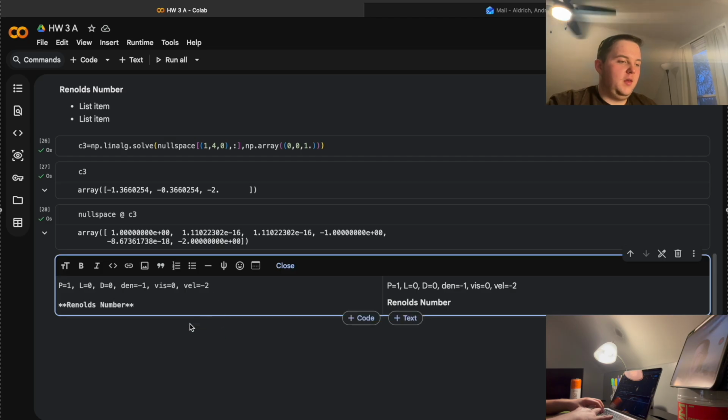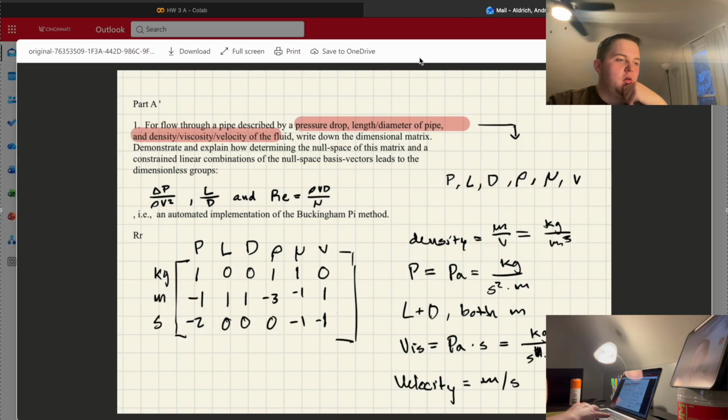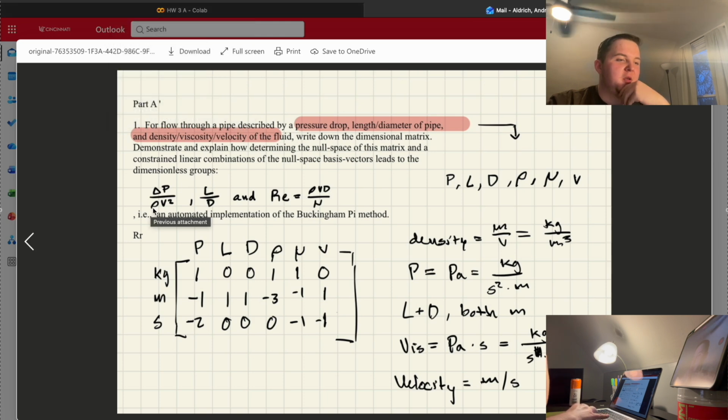So what we're going to get in this case is a pressure value over our velocity squared multiplied by density in the denominator. So pressure over velocity squared times density. Yep, pressure over velocity squared times our density, which is our final dimensionless group we were solving for here.